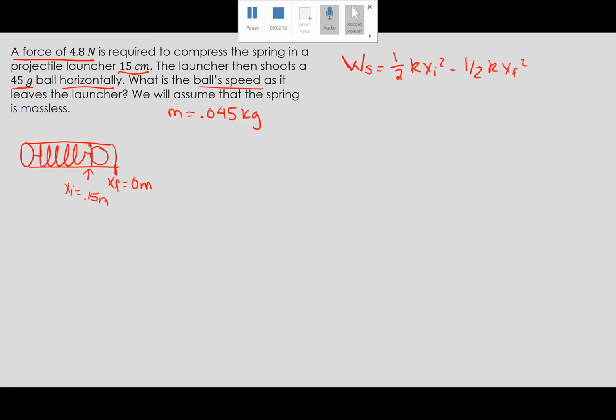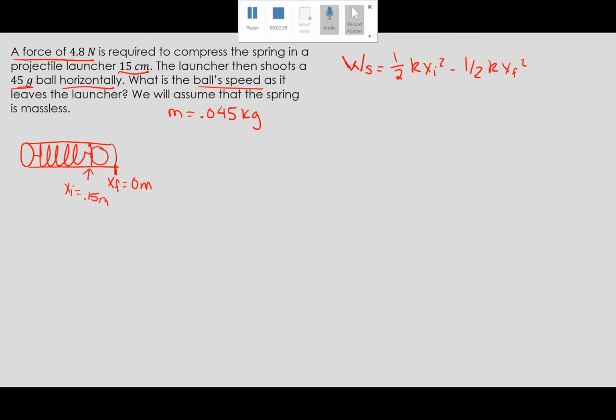So x_i is the initial amount of stretch or compression, x_f is the final amount of stretch or compression. And typically, you do see final quantities minus initial quantities, but this is related to the potential energy of a spring, which we will get into more depth for in lesson 10.